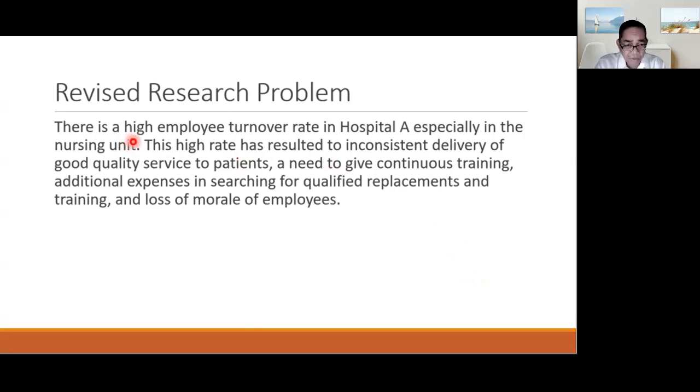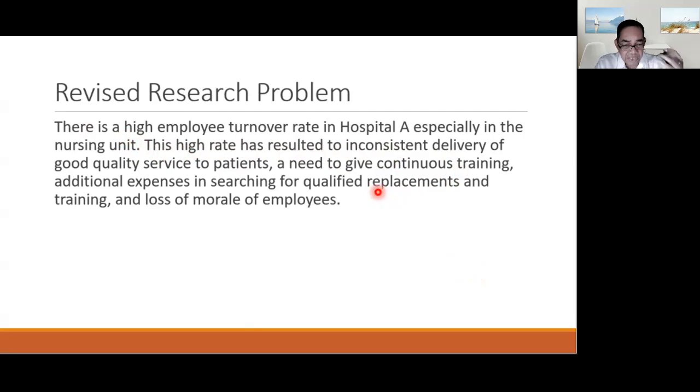Again, this is a statement of a research problem. This is how a statement of the problem should be stated.